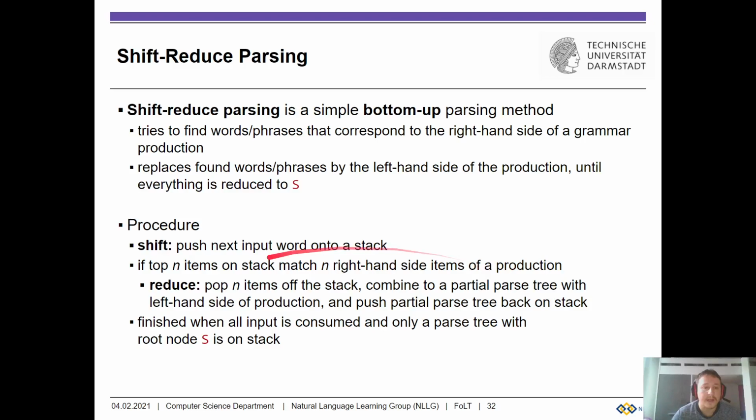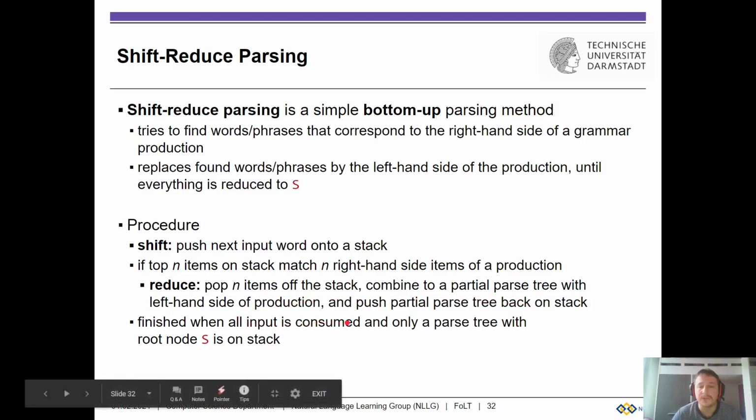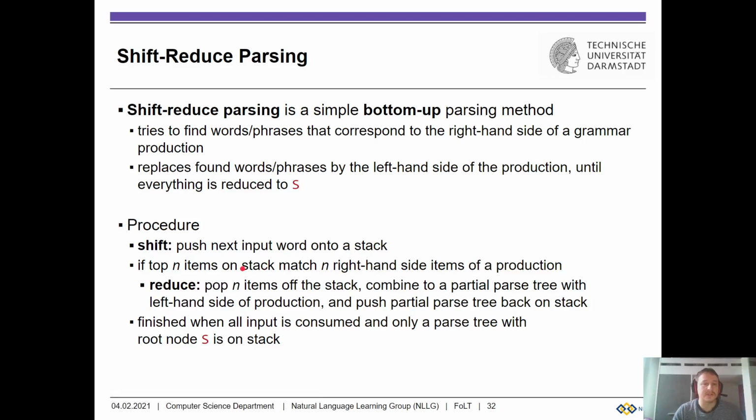And if they do, we remove the top n items from the stack and combine them to a partial parse tree with a left-hand side production and push the partial parse tree back on the stack. Okay, and we are finished when all input is consumed and only a parse tree with root node S is left on the stack. So now this is like the abstract description.